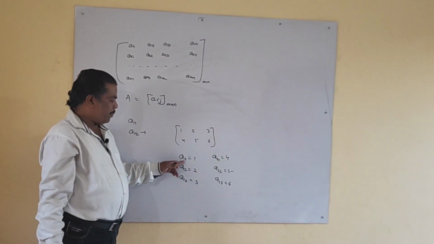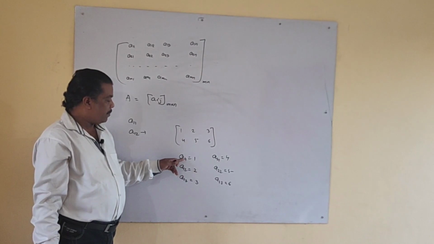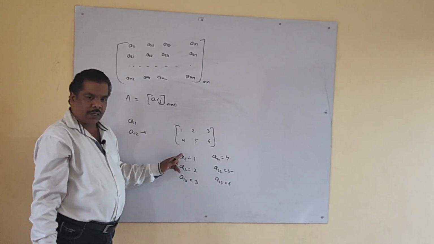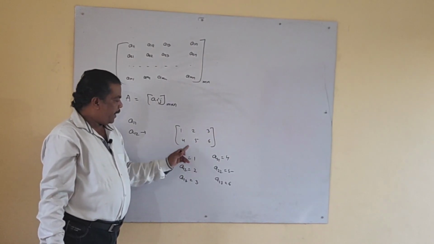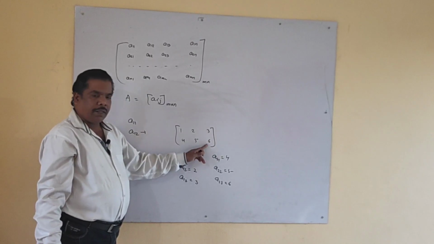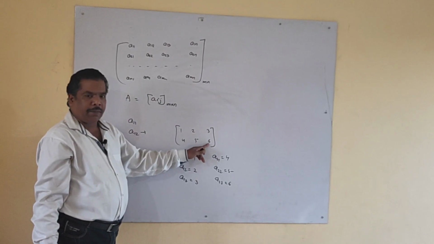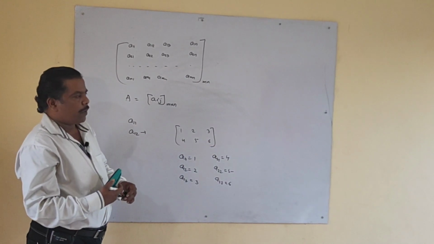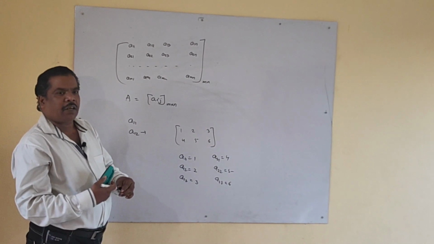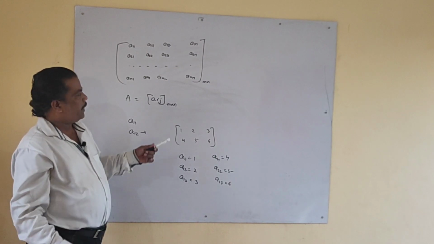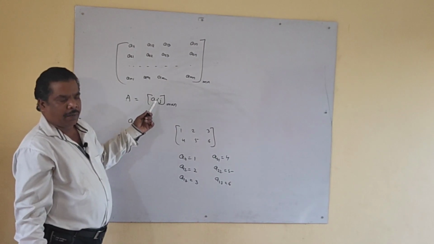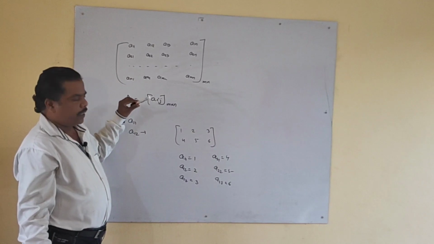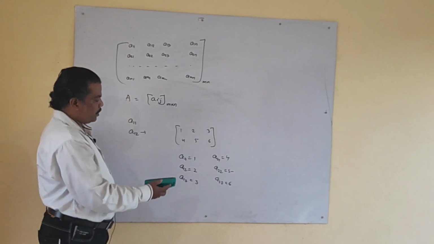So A11 means the element present in the first row and first column. A23 implies the element present in the second row and third column. So a matrix is a rectangular arrangement of numbers within rows and columns.